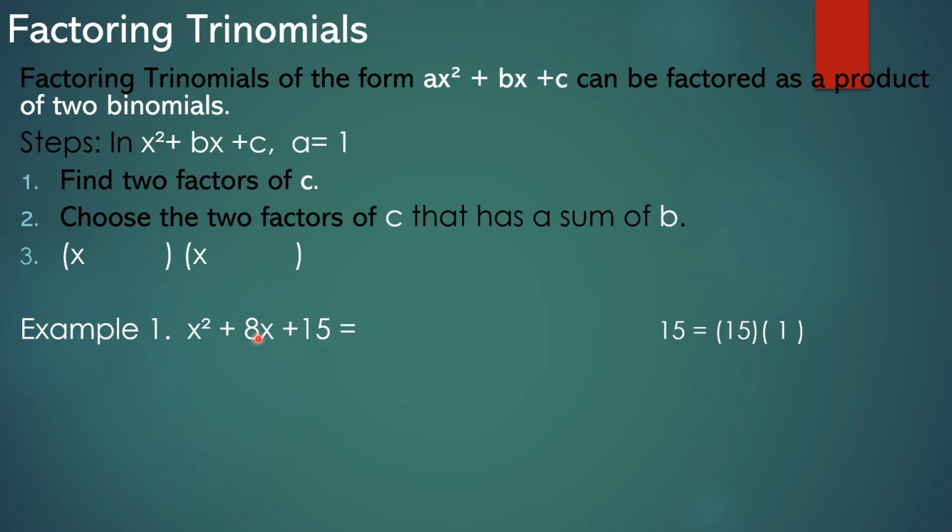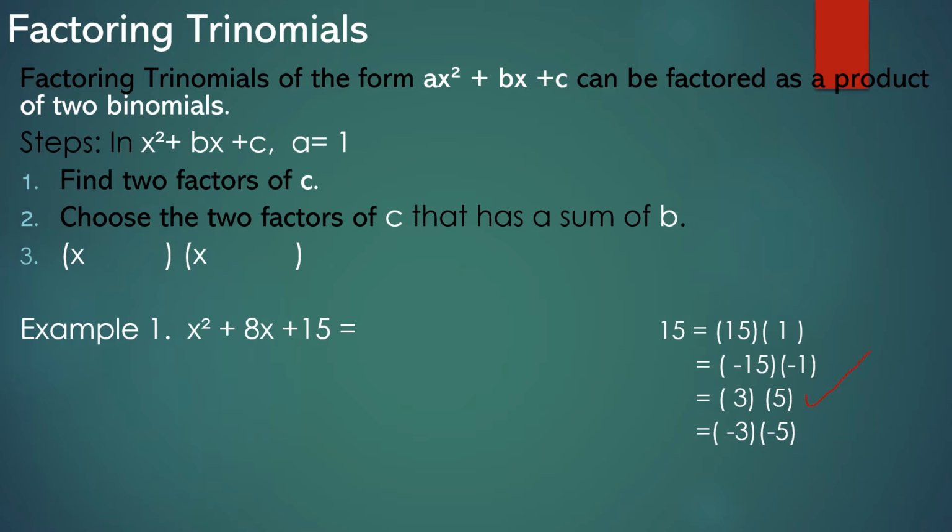A is 1, B is 8, and 15 is the value of C. The first step is to find two factors of C. So 15 is equal to 15 times 1, and we can also have negative 15 times negative 1, or 3 times 5, or negative 3 times negative 5, that is also positive 15. Now, we need to choose the two factors of C that have a sum of B. What is B? 8. So, which one, if you add, is equal to 8?